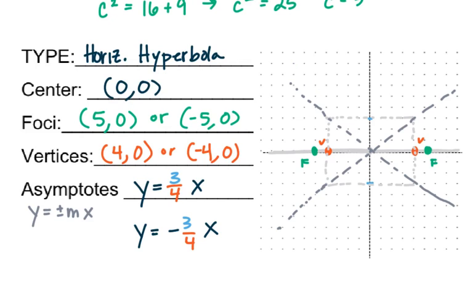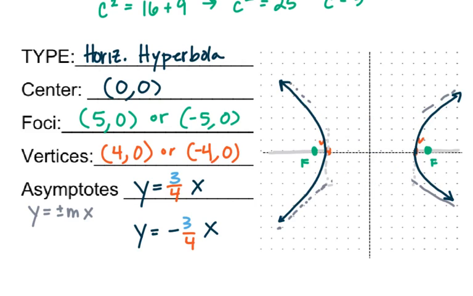So these are my two asymptotes, and my hyperbola passes through each vertex, wraps around the focus, and hugs up, is asymptotic to these asymptotes. So this is my graph of the hyperbola. All of this gray stuff in the middle, that's not really there. This is my hyperbola. I just used the asymptotes to help me draw the curve.